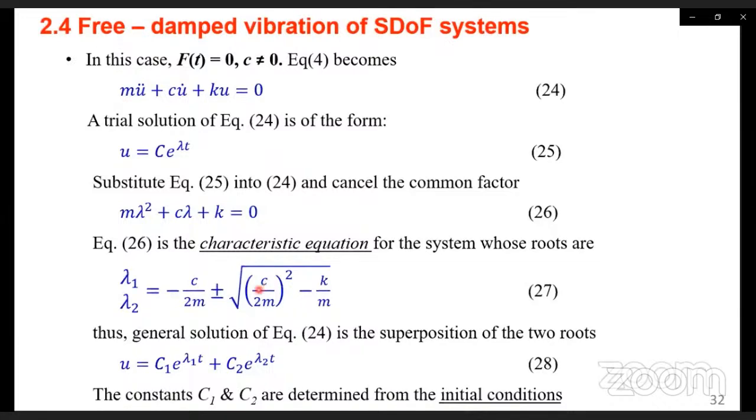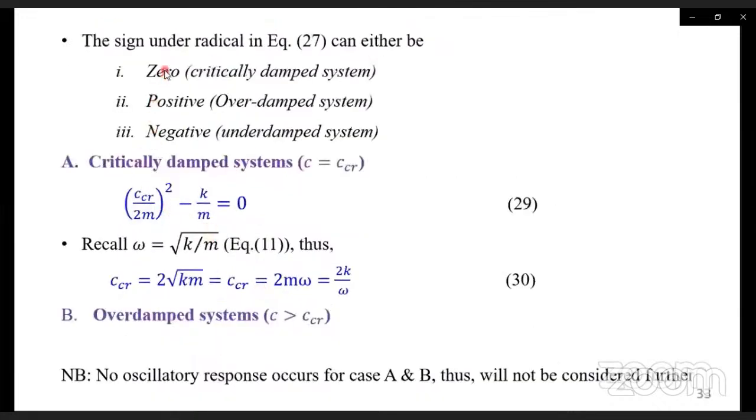And that's what we are defining here: for critically damped systems, the damping value is just equal to a certain critical value. That's why we are saying the component under the square root equals 0.